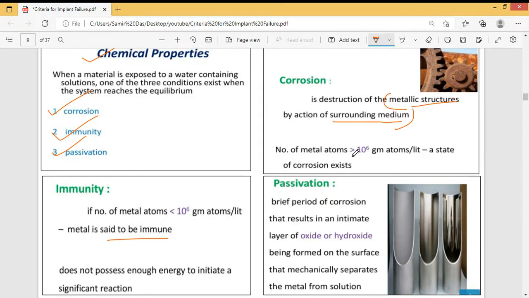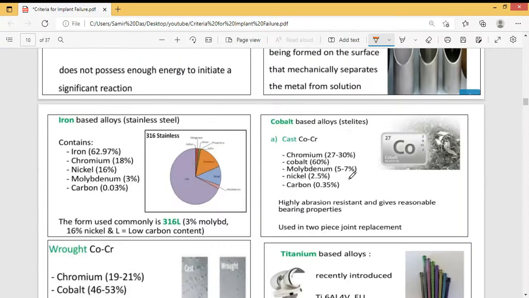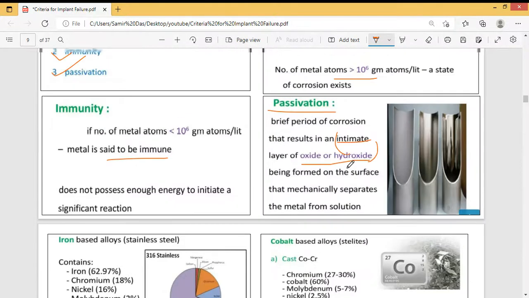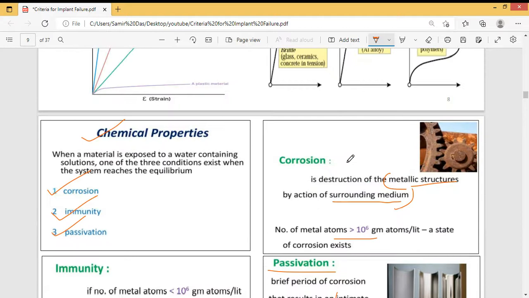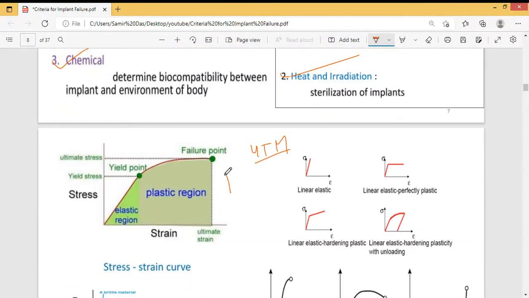If the number of atoms is greater than 10 to the 6 gram per liter, a state of corrosion exists. In the case of passivation, it basically initiates a layer of oxide or hydroxide layer. So corrosion is the chemical point of view, and this is basically the mechanical point of view.